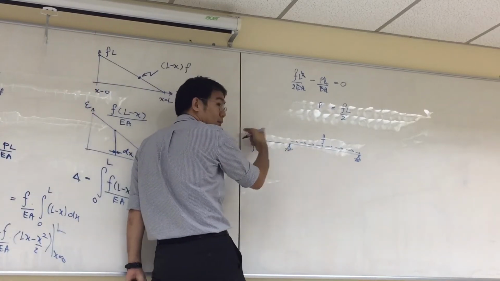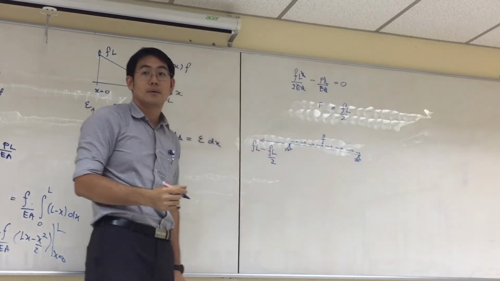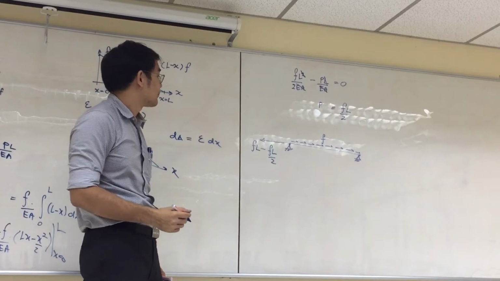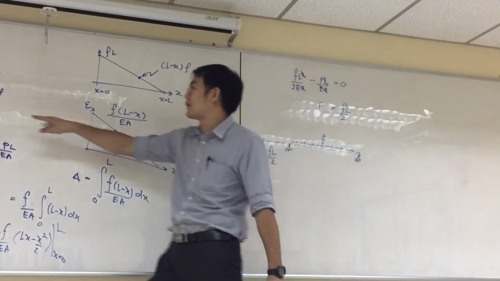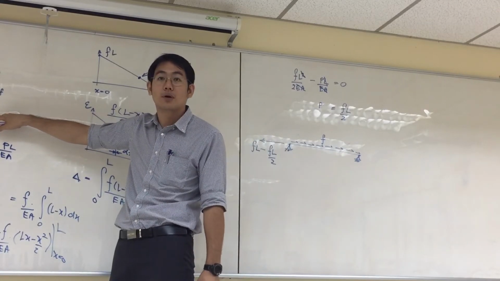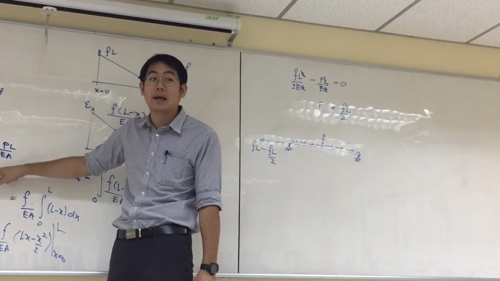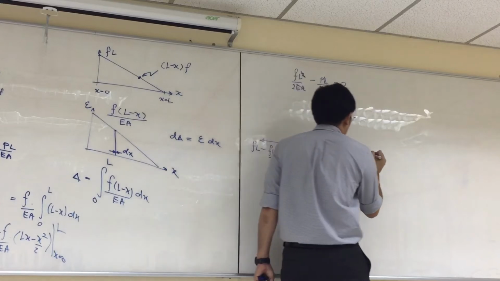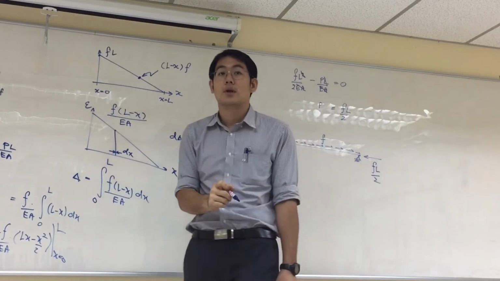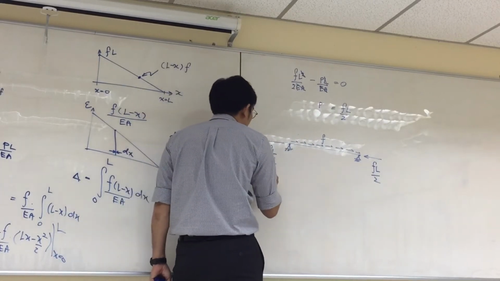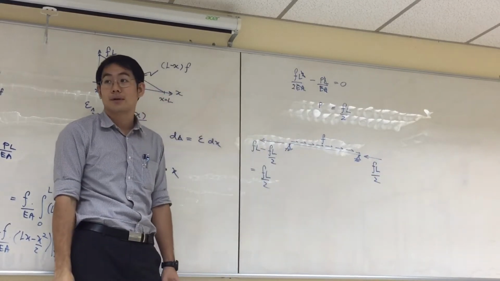So if I point the direction like this, then this will be minus FL over 2. Right? How about this point here? For this primary system, you don't have anything acting at this node, but you have the P acting on the right node. So you end up with the P, which is FL over 2, acting over here. So finally, you end up with FL over 2 and FL over 2 acting on these two nodes.